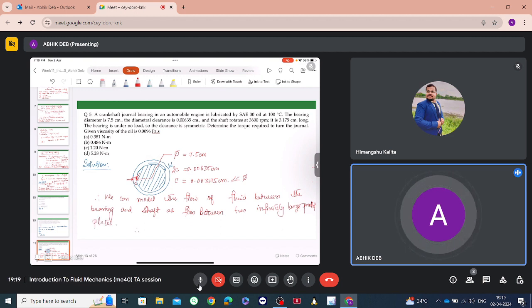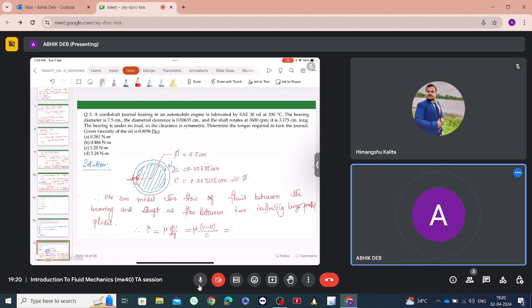Therefore, from Newton's law of viscosity, the shear stress tau can be given as mu into du by dy, or mu into delta u, which is v minus 0, divided by the distance between the two plates, c.